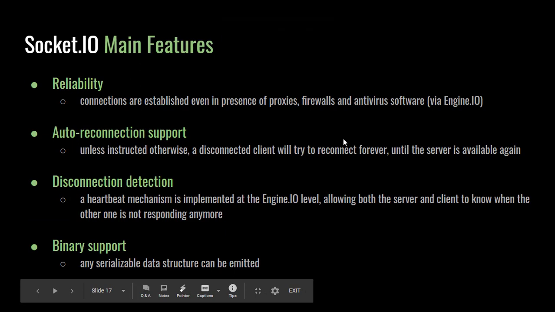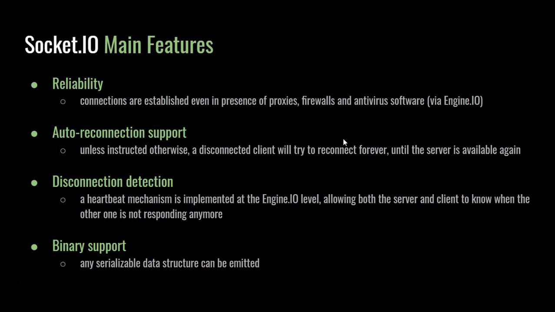The main features of Socket.io start with reliability. Connections are established even in the presence of proxies, firewalls, and antivirus software. It has something called Engine.io, which deals with that, so it's very reliable. Auto-reconnection support: unless instructed otherwise, a disconnected client will try forever until the server is available again. You don't need to worry about that.